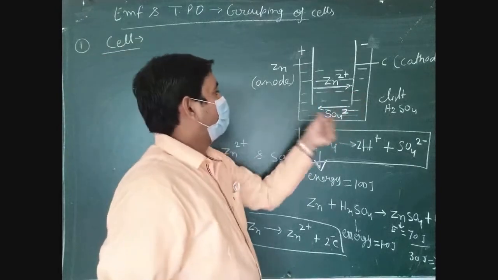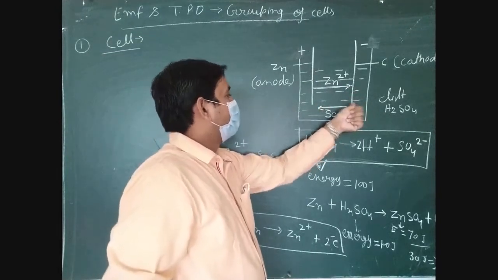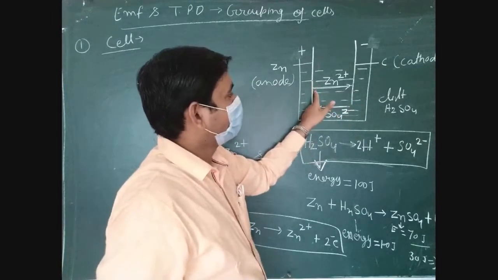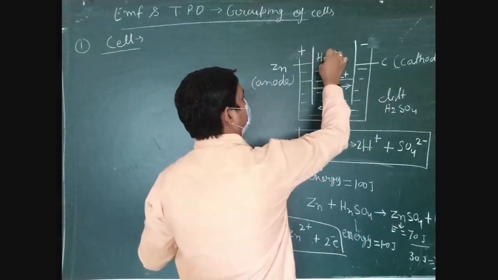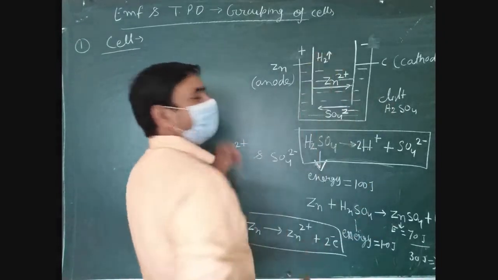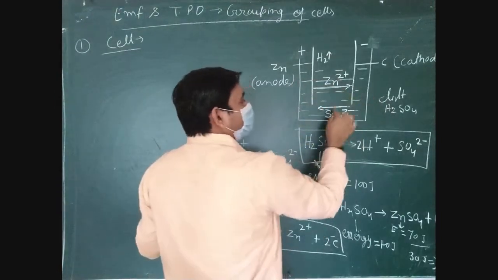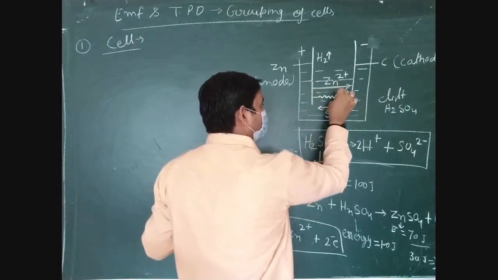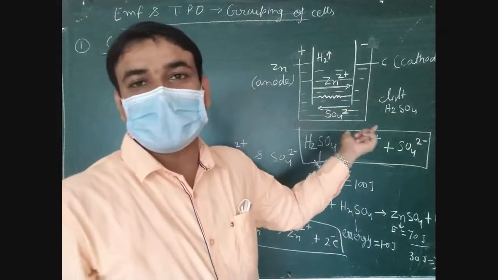As the negative ion and positive ion move from here to here, it is observed that hydrogen gas is released from the cell, and the two ions form a bridge in the electrolyte.